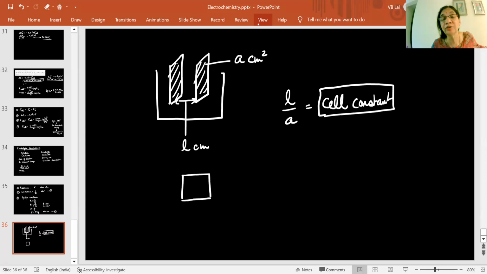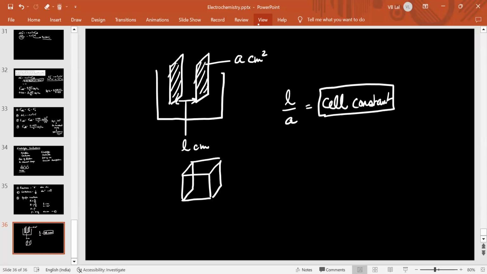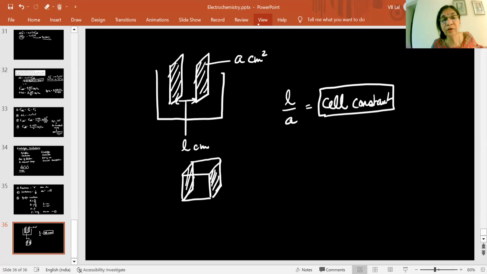If I show the two electrodes here, this electrode is here, this is the other electrode. I can make it like a cube. This is one electrode, this is another electrode.